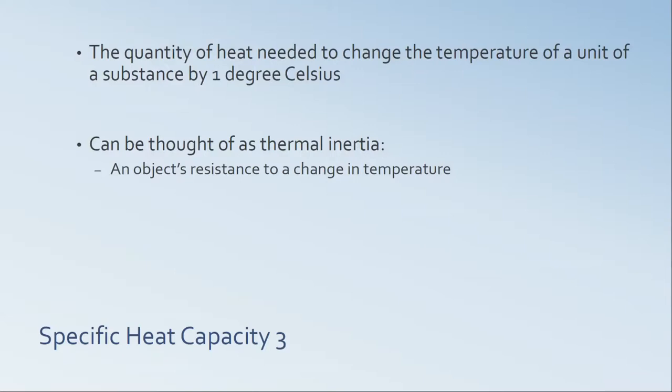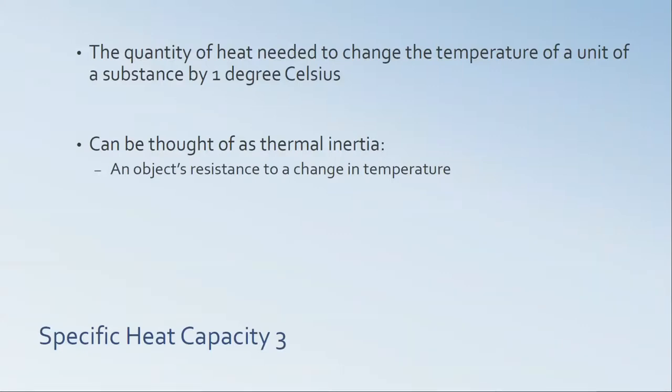So specific heat capacity can be defined as the quantity of heat needed to change the temperature of a unit of a substance, and usually we're talking about 1 gram of a substance, by 1 degree Celsius. And you might say, hey, wait a minute, this sounds an awful lot like the small calorie we just discussed a couple of minutes ago. But remember, in the small calorie, we're talking about the energy needed to change the temperature of a gram of water by 1 degree Celsius.